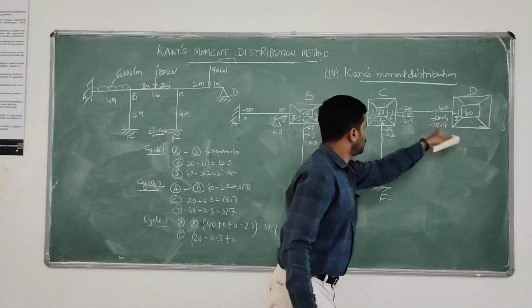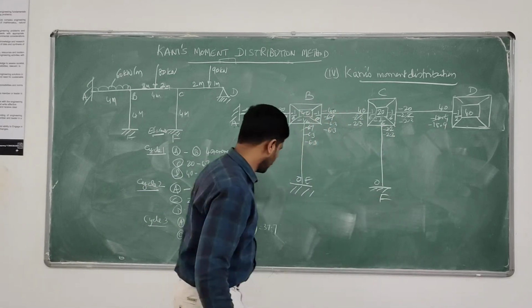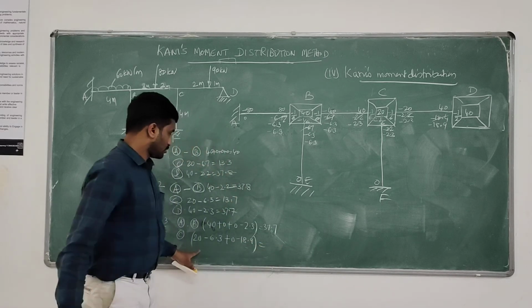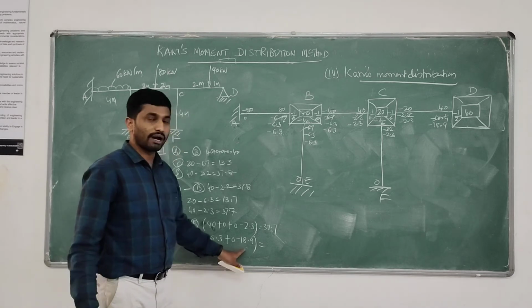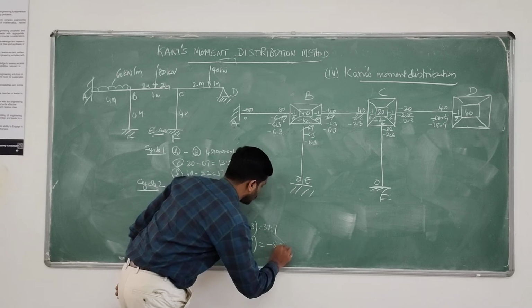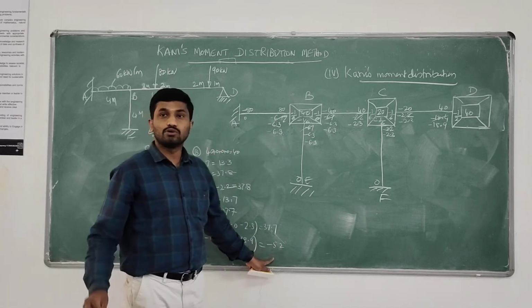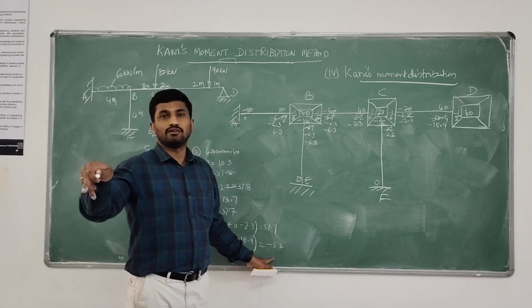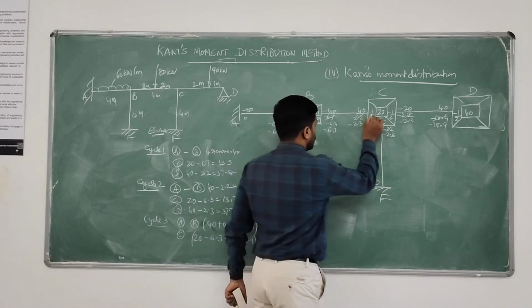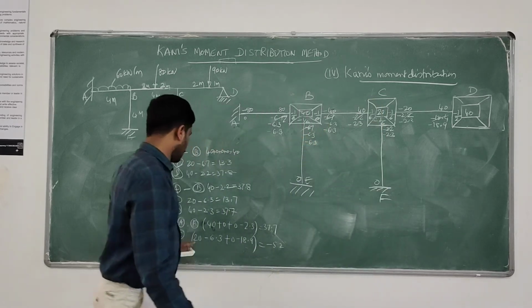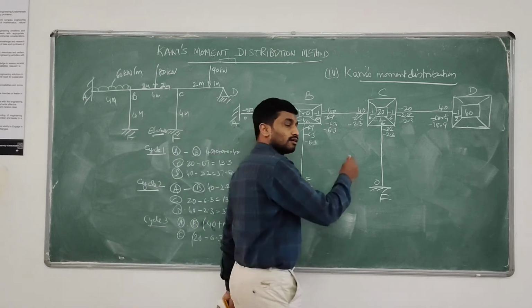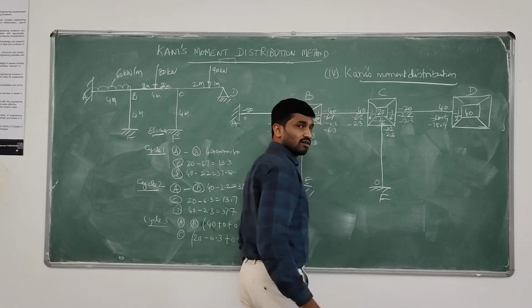From DC we are having minus 18.9. So what is the total? 20 minus 6.3 minus 18.9 is minus 5.2. That minus 5.2 times minus 1 by 6 is 0.86, so minus 0.86 each.